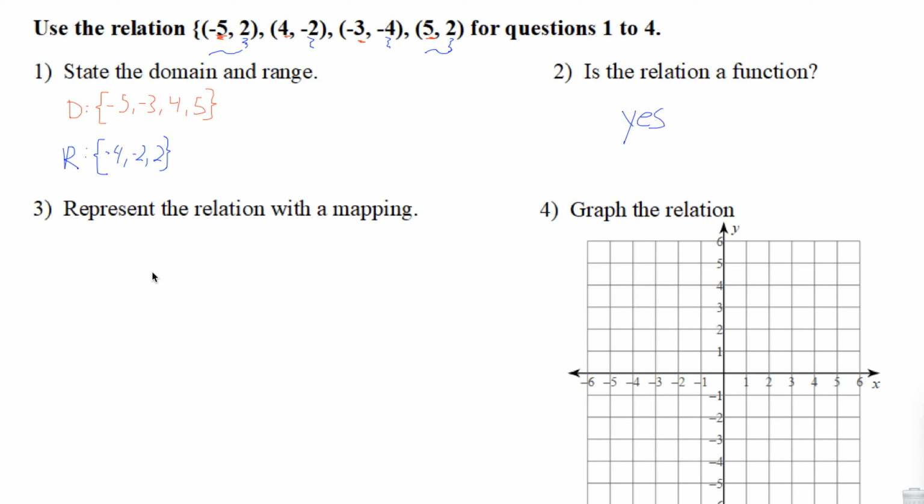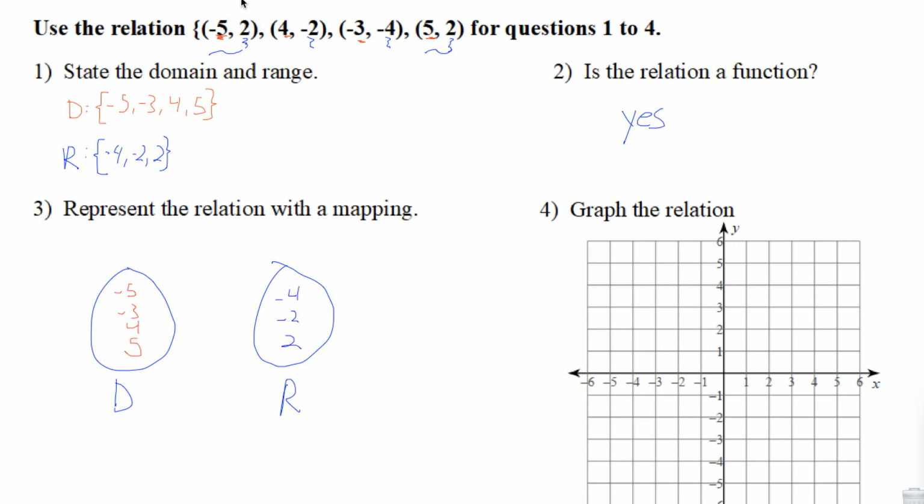Represent the relation with a mapping. A mapping, we put our domain here and the range here. So I'm just going to list my domain, trying to keep our color scheme here. We got -5, -3, 4, and 5. And then for the range, we have -4, -2, and 2.